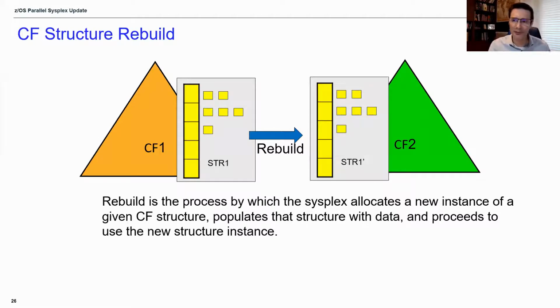Okay, the last boost that we have for the Sysplex recovery process boost is for CF structure rebuild. Just as a refresher, CF structure rebuild is the process where the Sysplex allocates a new instance of a structure, populates that structure with data, and then proceeds to use that new structure instance.